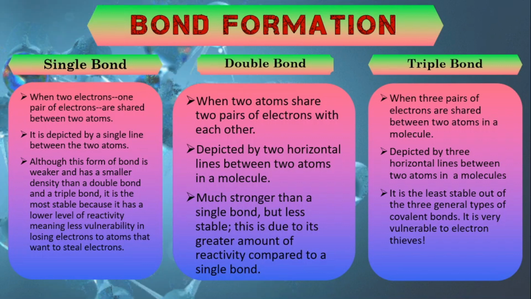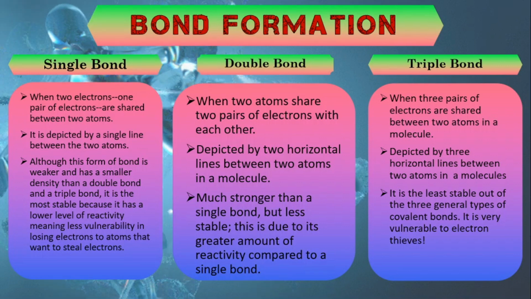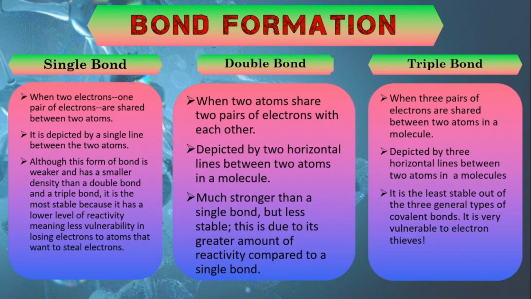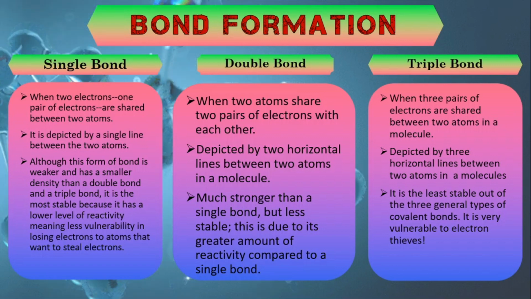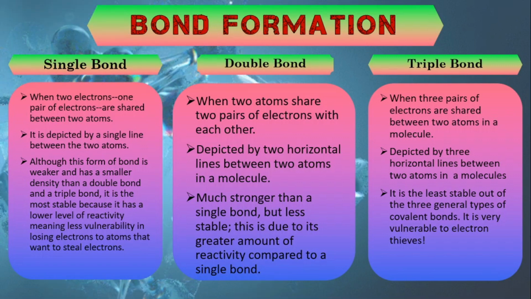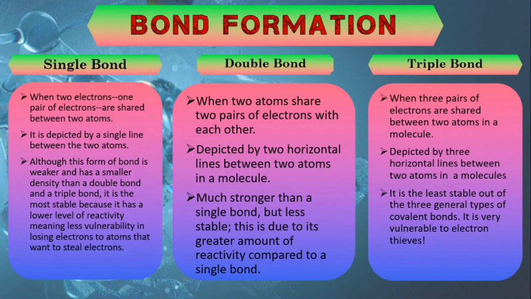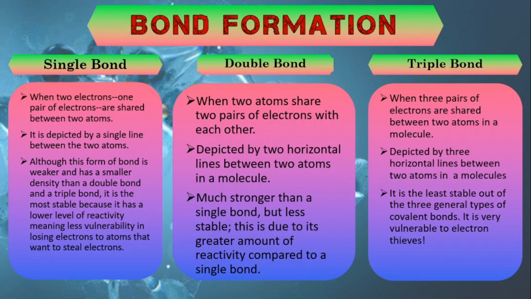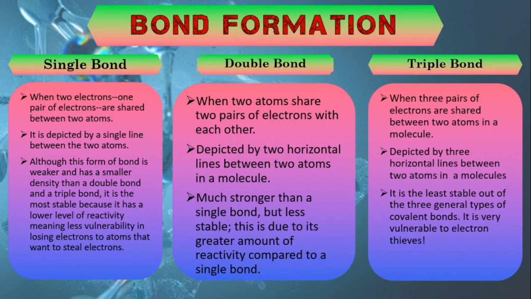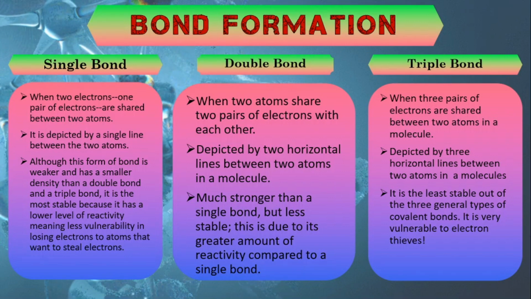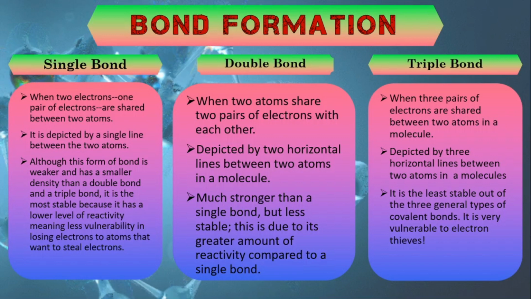There are 3 bond formations under the covalent bond: the single bond, the double bond, and the triple bond. On a single bond, when 2 electrons, 1 pair of electrons, are shared between 2 atoms, it is depicted by a single line between 2 atoms.